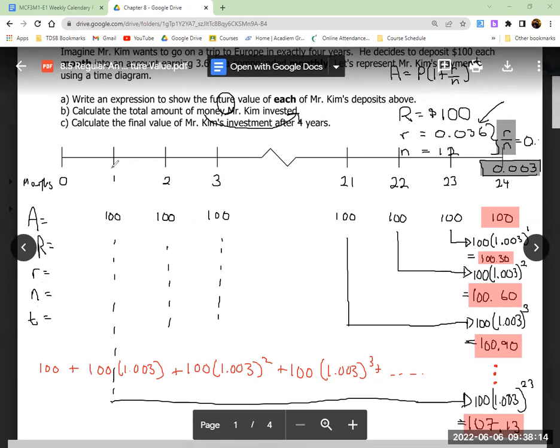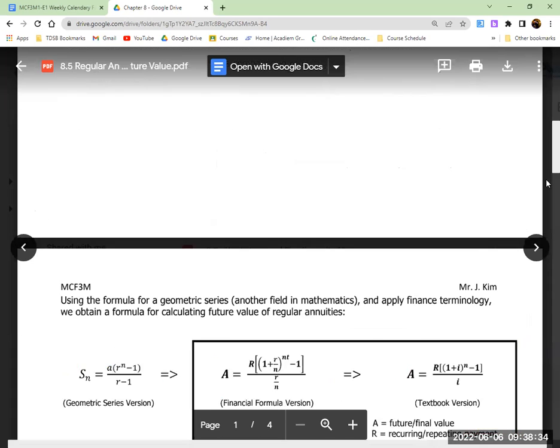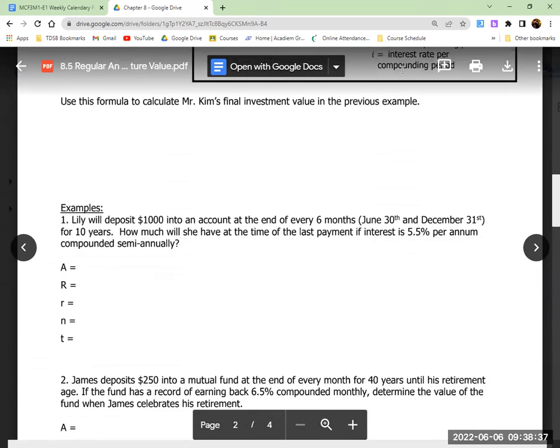Read the question. Once again, Mr. Kim is going on a trip. I put money down, $100 every month. It's growing at 3.6% a year, but compounded monthly. What are all of these values? I'll do the first one. There is no A. That's what we're trying to figure out. We want the final value.